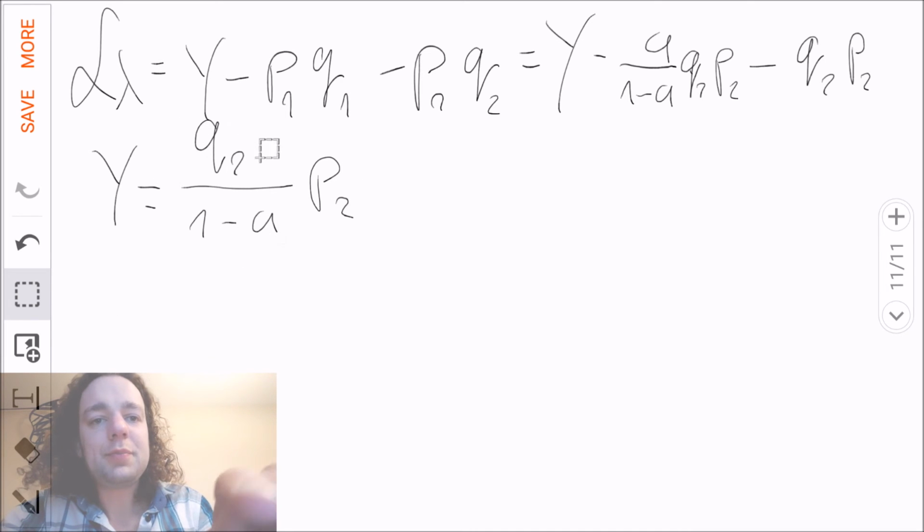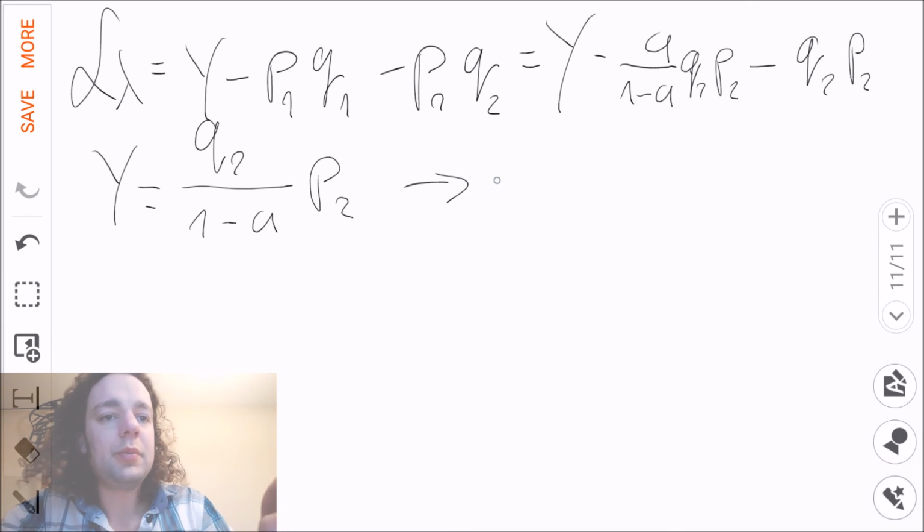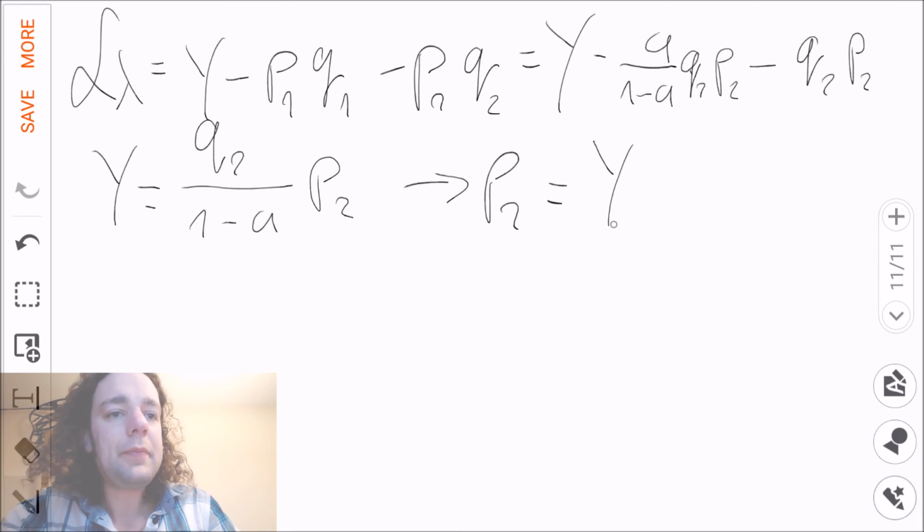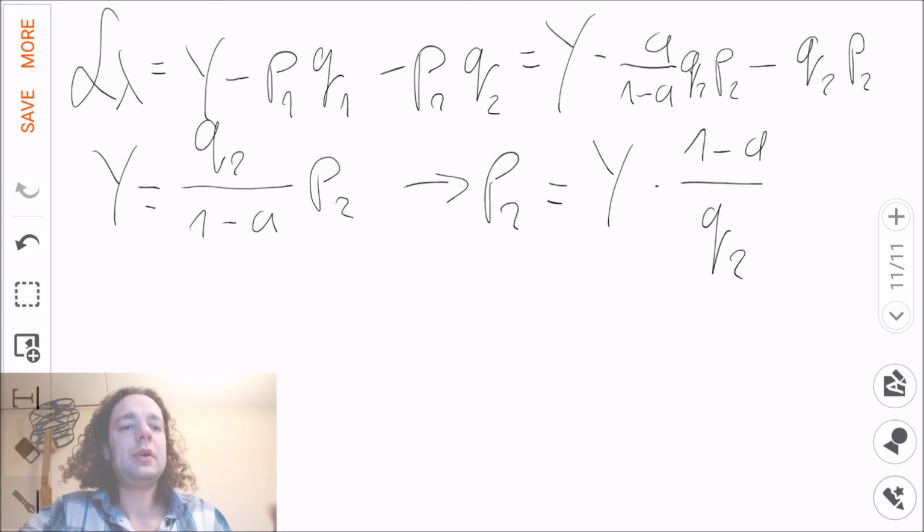How do we get this part to the other side? Well, that should be easy enough. So P2 equals Y times 1 minus A divided by Q2. And this is actually the answer.